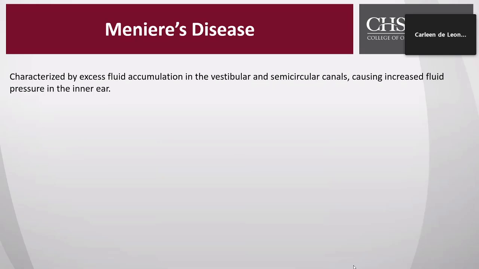All right, moving on to peripheral vertigo and some of the categories that fall under it. So Meniere's disease. Does anybody know anyone that's had this? It's almost a lifelong disease. It's characterized by excess fluid accumulation in the vestibular and semicircular canals, causing increased fluid pressure in the inner ear.